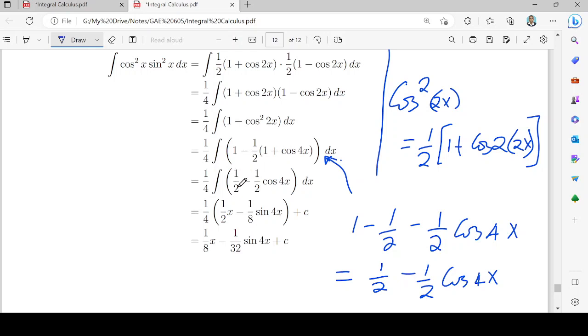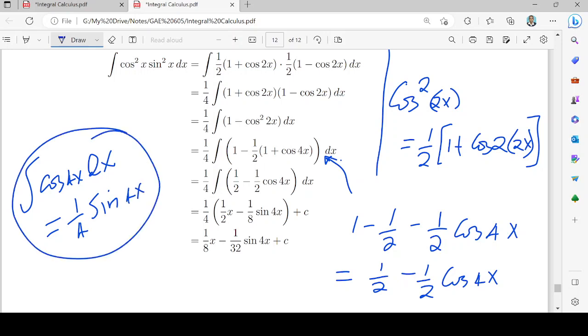So the integral of a half is 1 over 2 x. The integral of cosine of 4x with respect to x is 1 over 4 sine of 4x. Because we have negative a half times a quarter, that will give us minus 1 over 8 sine of 4x, then plus C.